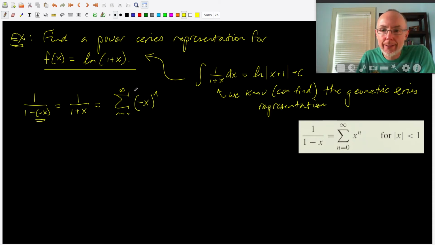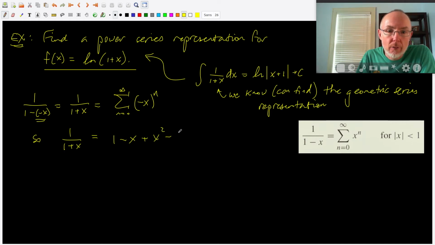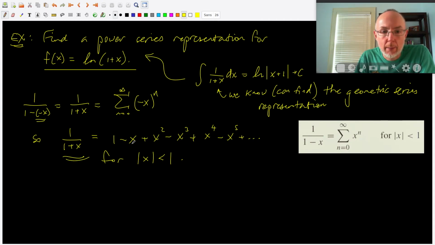So in other words, 1 over 1 plus x is going to be, the first term is 1, everything to the 0 is 1, and then we'll subtract x, and then we'll add x squared, so it's the alternating version of this series over here. So when you're adding in the denominator, you get that alternating series, which is equal to the function when the absolute value of x is less than 1.